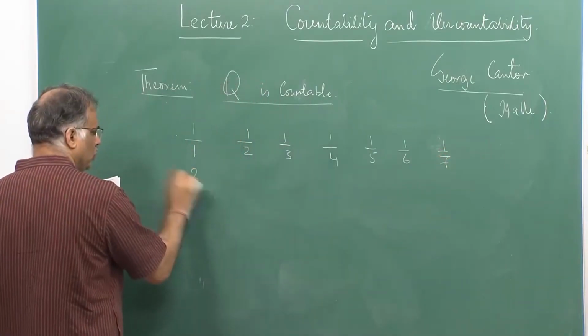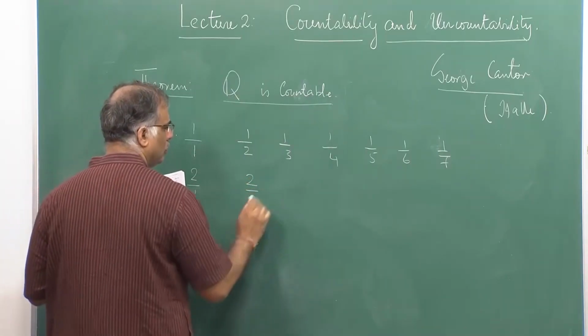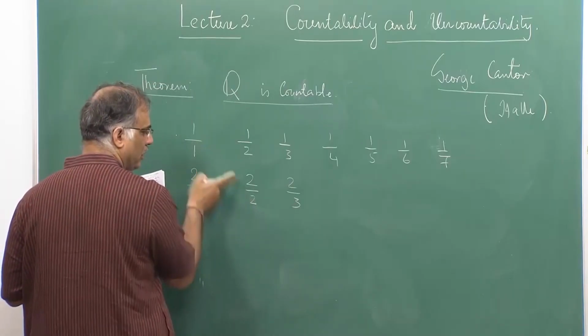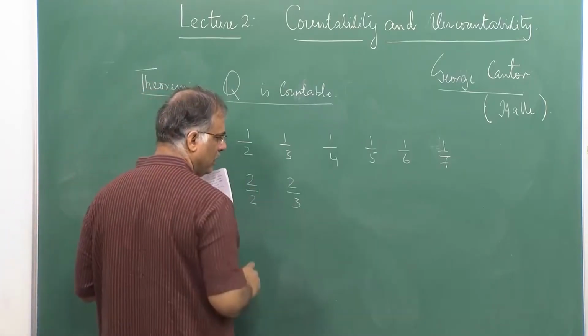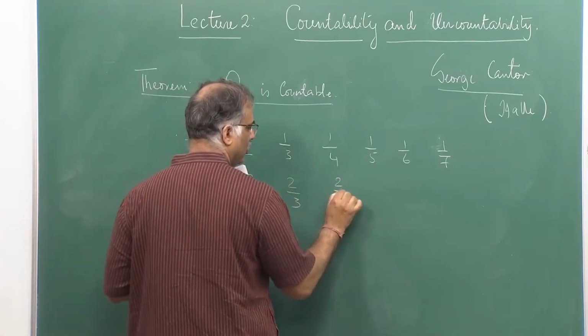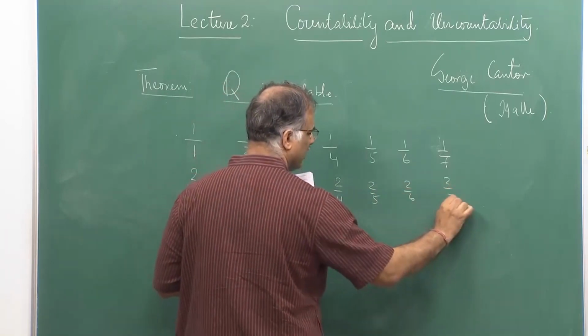Similarly, I take the number 2 and write 2 by 1, 2 by 2, 2 by 3. You can say, okay, I've repeated 1 because 1 by 1 is the same as 2 by 2. Okay, that doesn't matter, but 2 by 3, 2 by 4, 2 by 5, 2 by 6, 2 by 7 and so on.